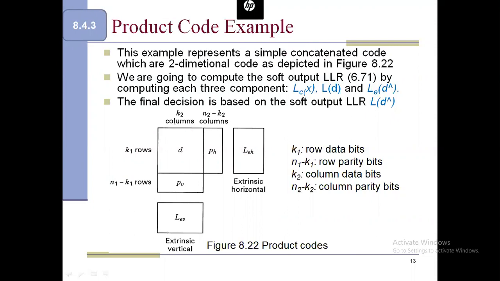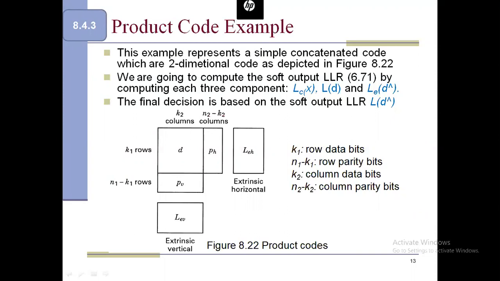We have the parity calculated horizontally, and we have the parity calculated vertically. This parity is N2 minus K2 bits.